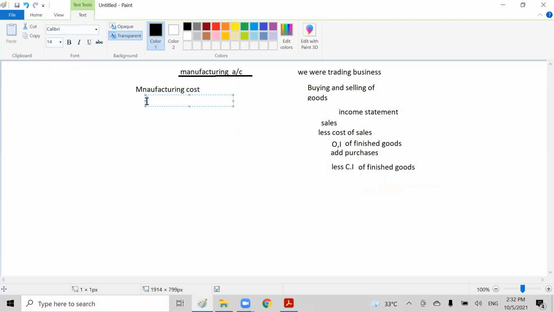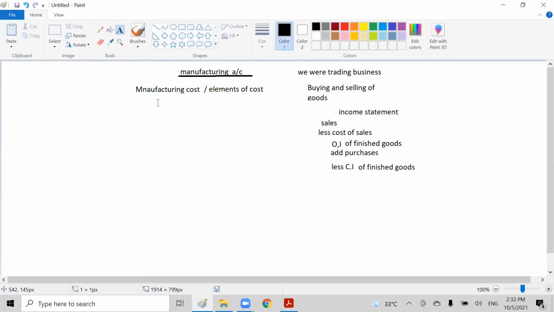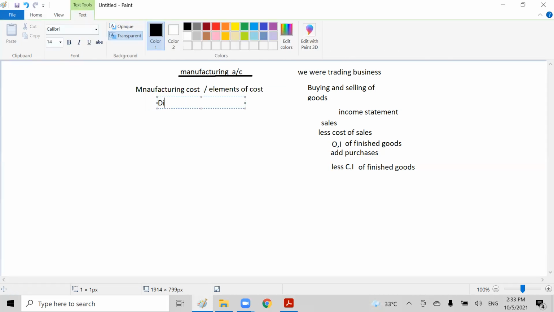Manufacturing cost includes all elements of cost. Elements of cost include three things: number one is direct material, number two is direct labor, and number three is factory overheads.